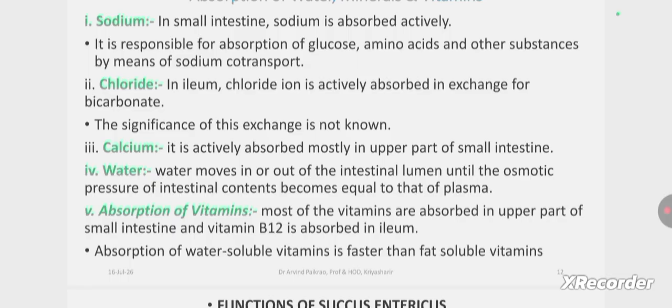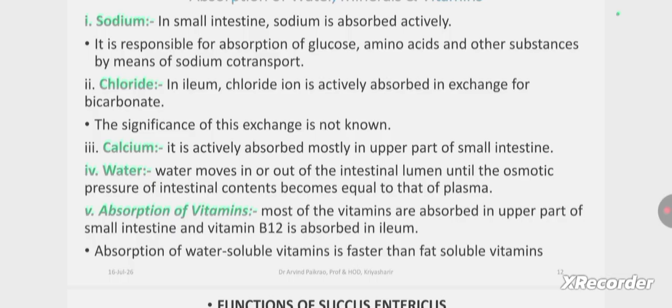Next we'll see water. Absorption of water is very much important. It depends on the osmotic pressure. So the osmotic pressure of plasma and the osmotic pressure of the intestine: water is absorbed until the pressure between the two is equal. Up to that level water is being absorbed.